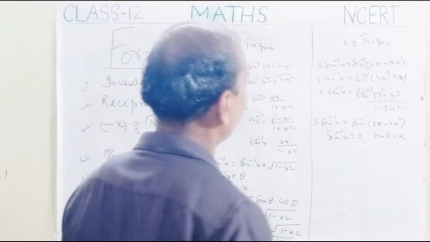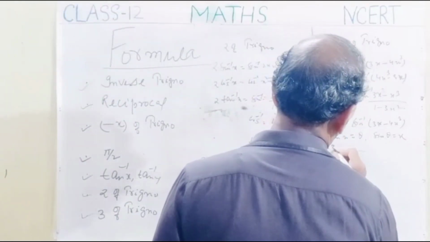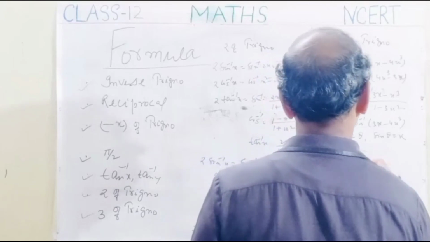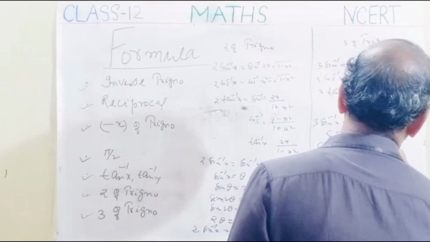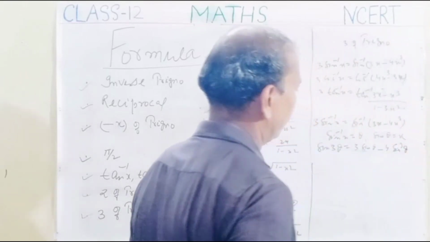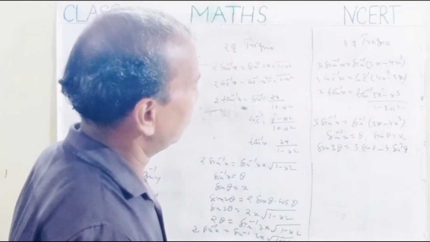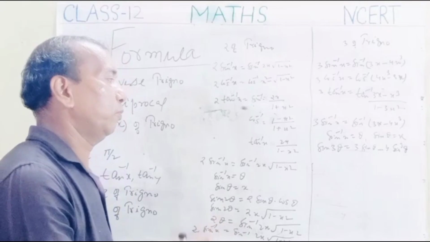Now I will use the formula of sin 3 theta. Sin 3 theta is equal to 3 sin theta minus 4 sin cube theta. Now I will put the values.